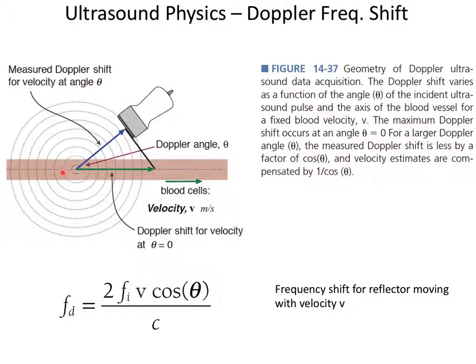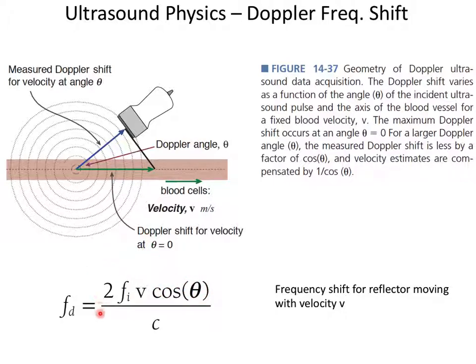So if the blood's going this way, we send out a ping and it gets reflected back this way, then you have to take into account the geometry of the flow with respect to the direction of the ultrasound in order to get the velocity estimate right. But it's a simple correction, right? It just goes as the cos of the angle between the line of sight of the transducer and the vessel, right?